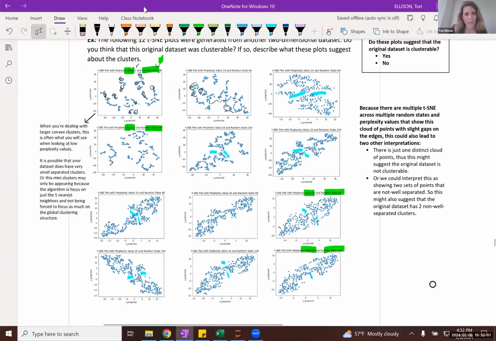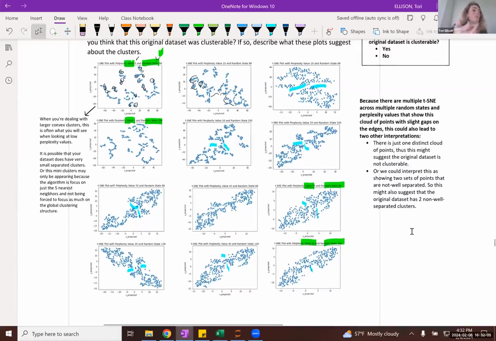And on top of that, like we mentioned, there could be some additional clustering structure that we're not detecting. Maybe there was a small little group of points that counted as its own cluster in the original data set, but the t-SNE algorithm had to force it to be close to a higher number of neighbors, therefore obfuscating the clustering structure.